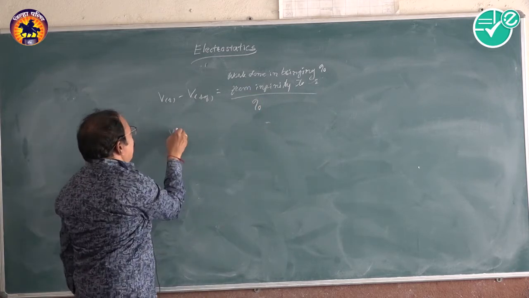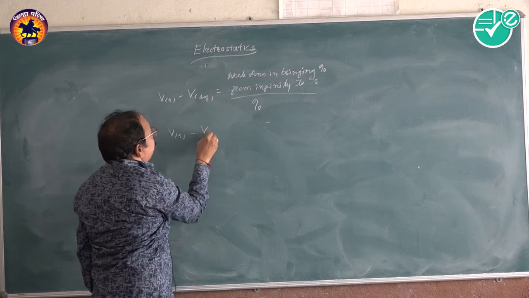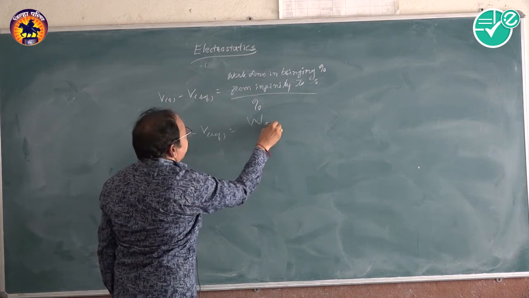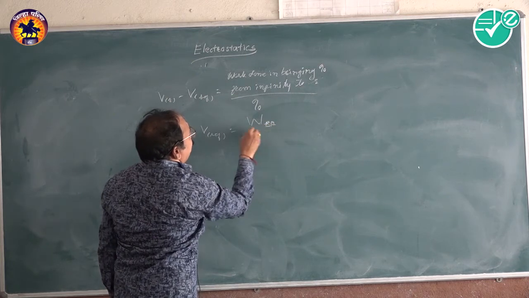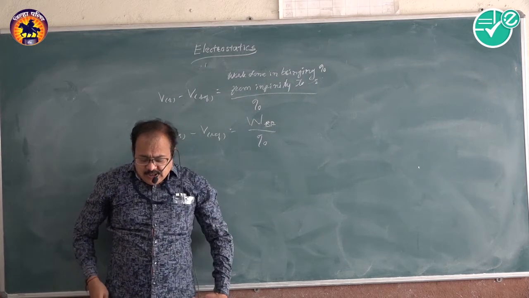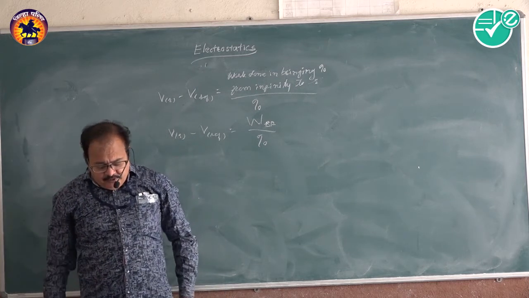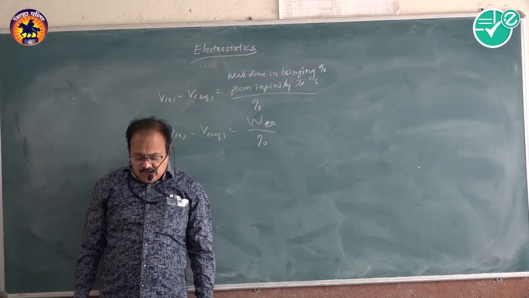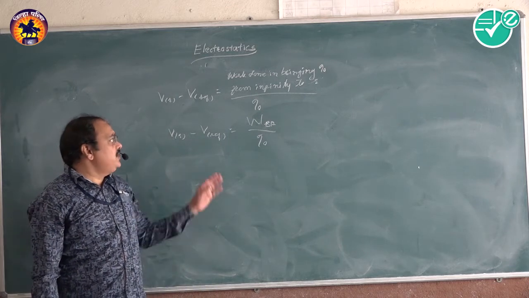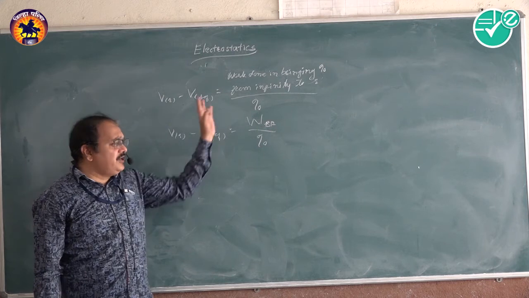So V_R minus V_reference equals W_R reference upon Q naught. Conventionally, the absolute electric potential at any point at distance R is defined by taking the reference point at infinity. So we have to take that reference point at infinity.